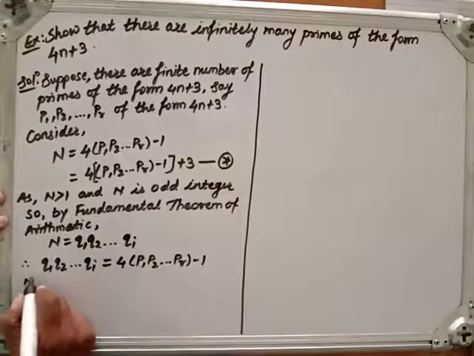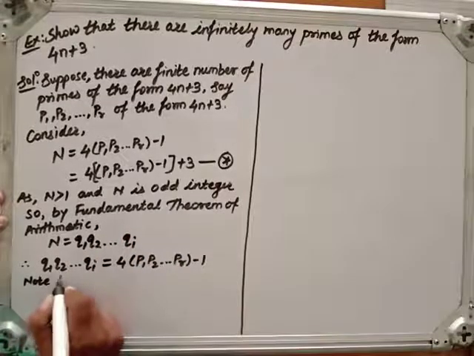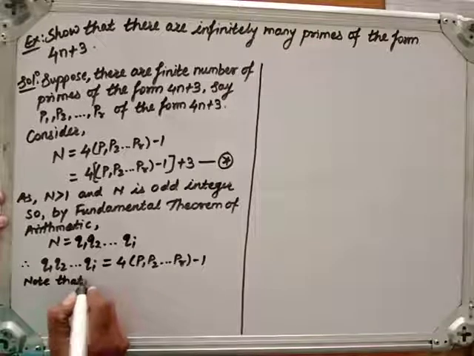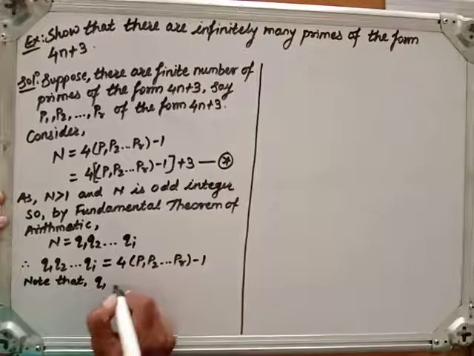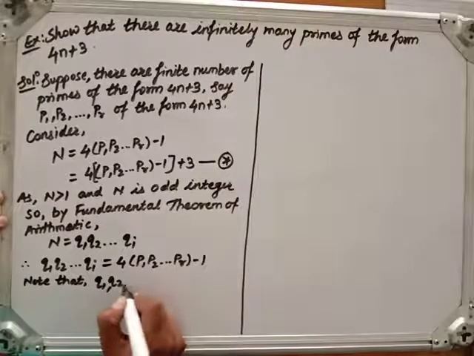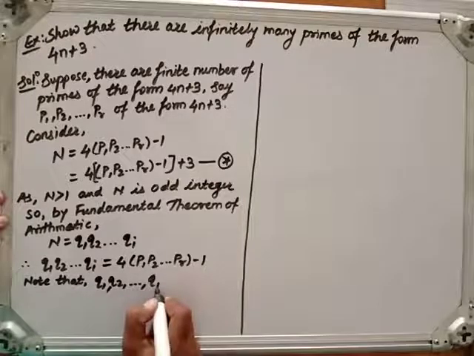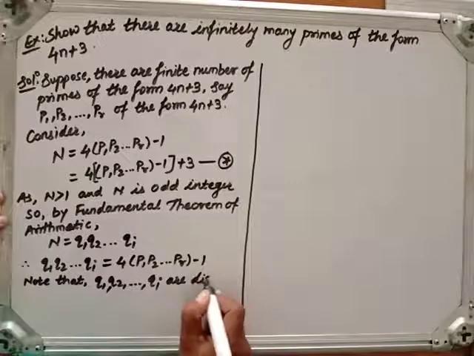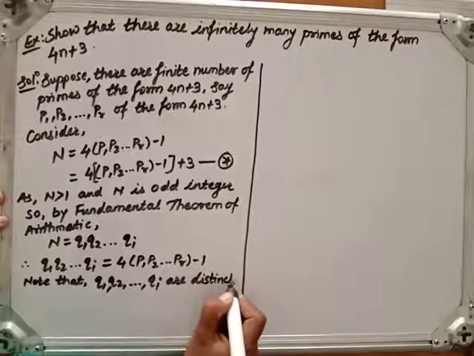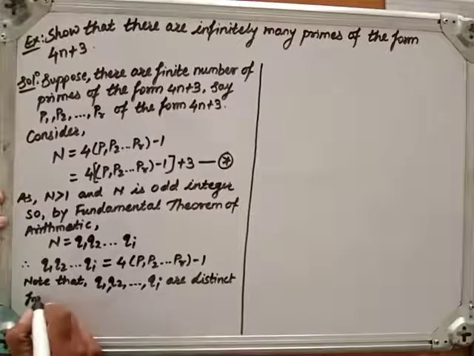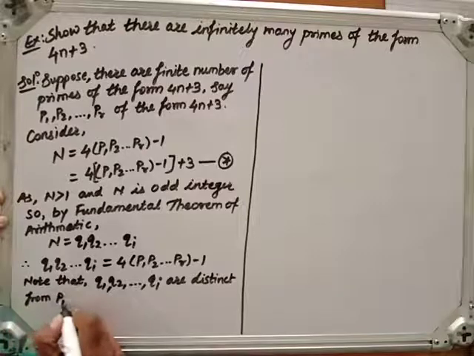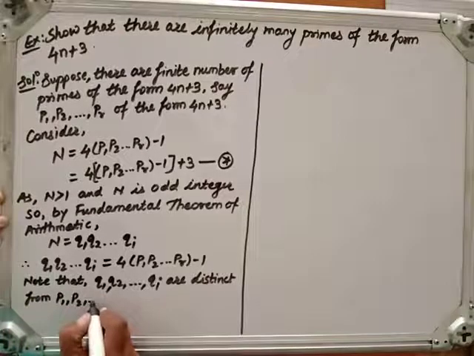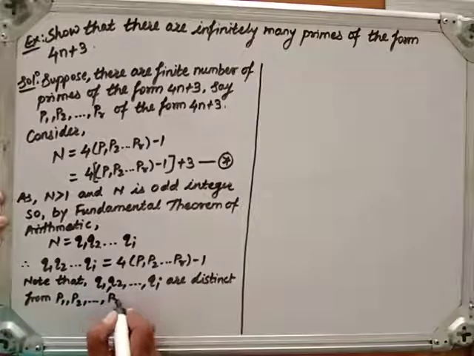So here let us write down that, note that q1, q2 and so on up to qi are distinct from p1, p2 and so on up to pr.